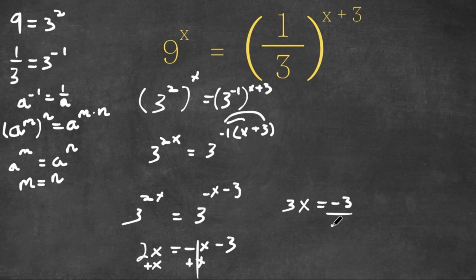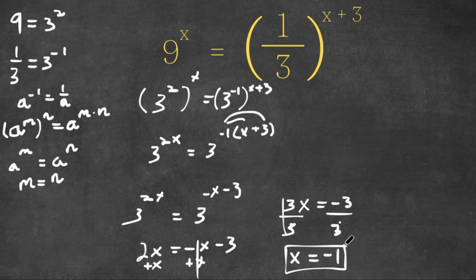And now if I divide both sides by 3, these two cancel out, and I get x is equal to -3 divided by 3, which is -1. So this is our answer.